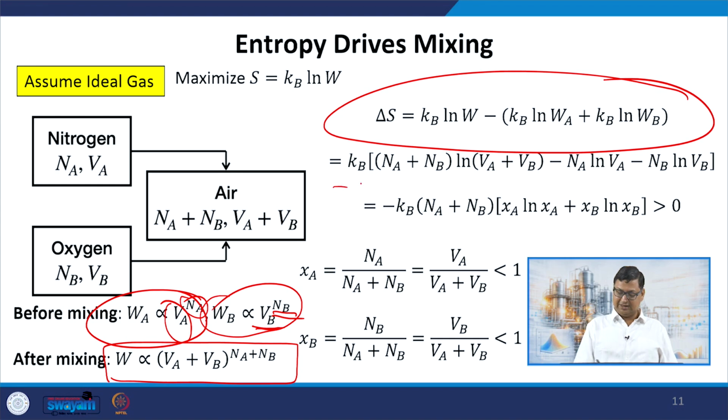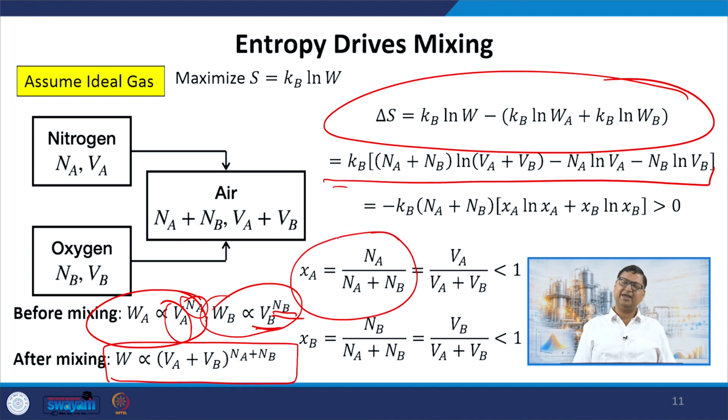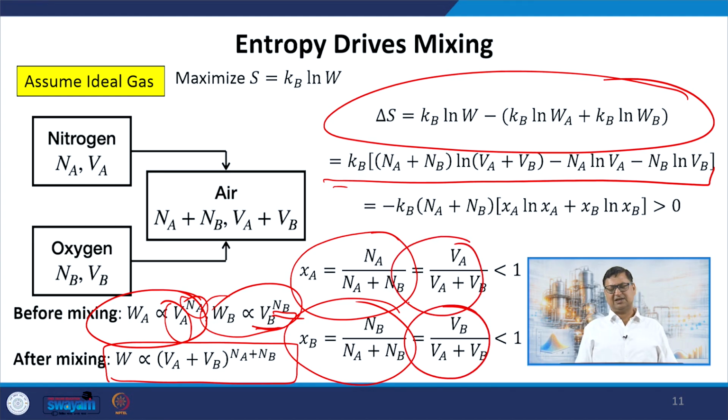What I then find is my entropy change is something like this. If I define the mole fraction of A as something like this and the mole fraction of B as something like this, and since it is an ideal gas, mole fraction is equal to volume fraction, and mole fraction is clearly less than 1. If I simplify the expression, I get a term like this, and this term has to be negative because XA is less than 1 and goes in the ln here.